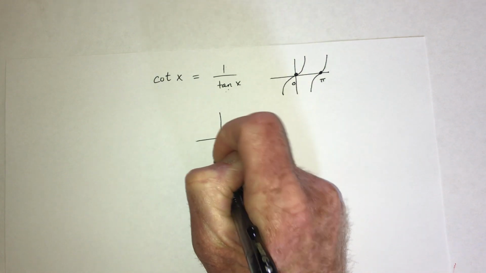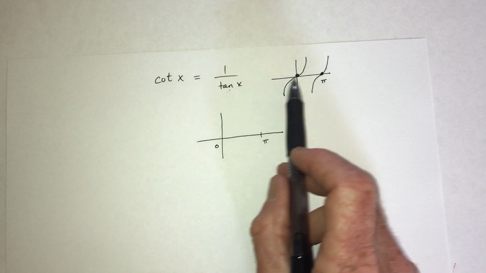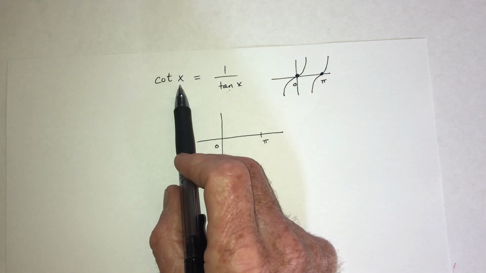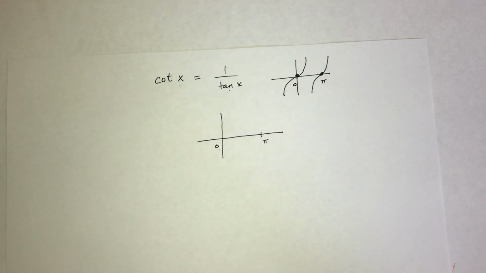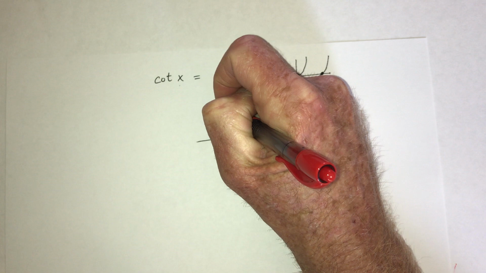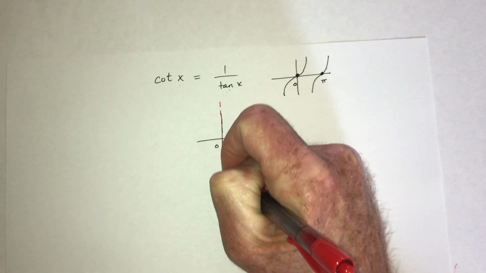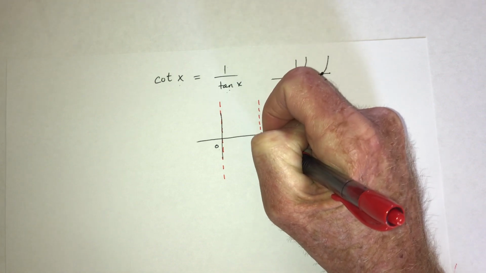So that means at 0 and at pi, tangent will equal 0. That means cotangent is undefined. That means cotangent has asymptotes. That is a good job for the red pen. Make a nice dotted asymptote right here, and another one right here.